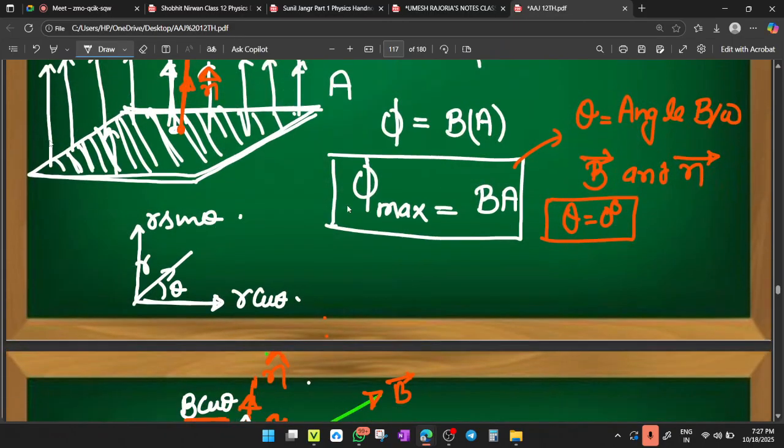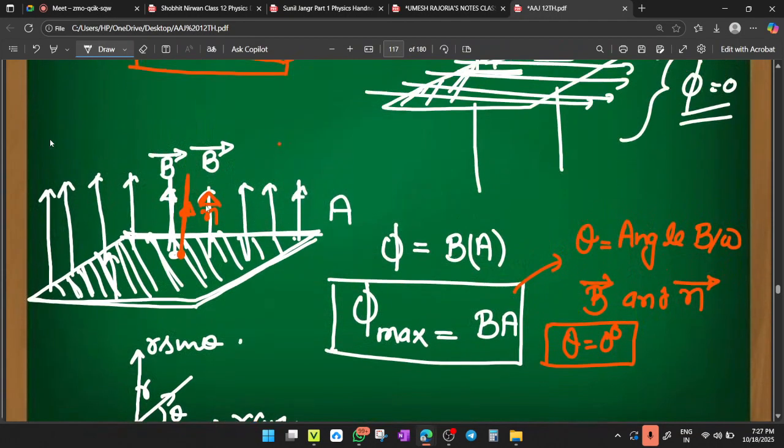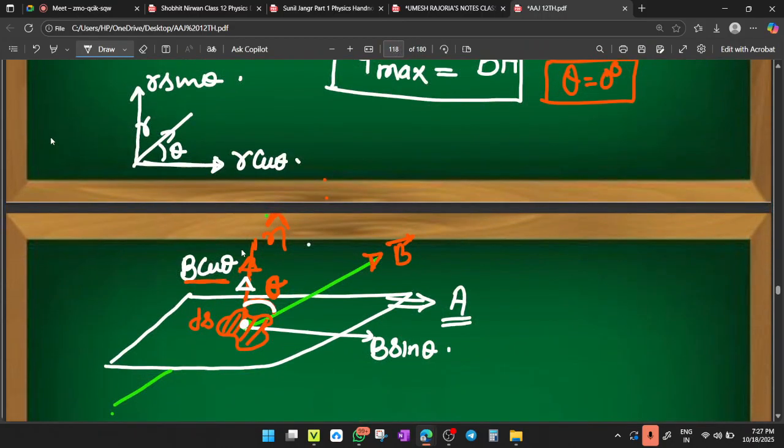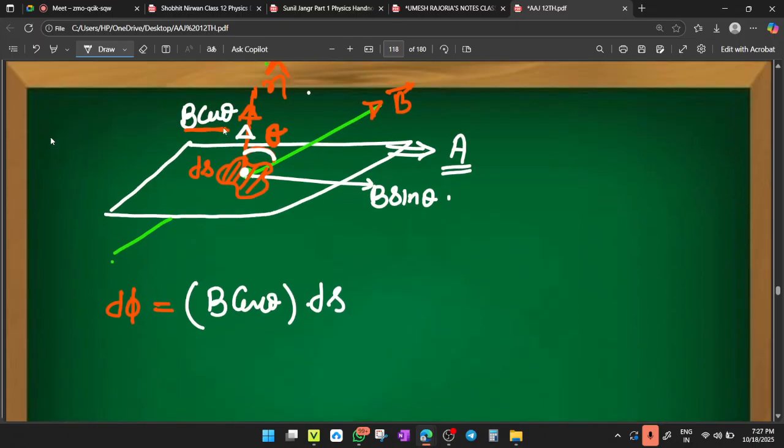So in place of B, you have to take B cos theta, right or wrong? In the previous case, the vector B was passing normally to the surface everywhere, so the whole amount of B contributed as magnetic flux. But here B cos theta, the normal component of the magnetic field, contributes as flux. So d phi equals B cos theta times a smaller area dS, right, beta? So B cos theta into dS. This is the small flux.